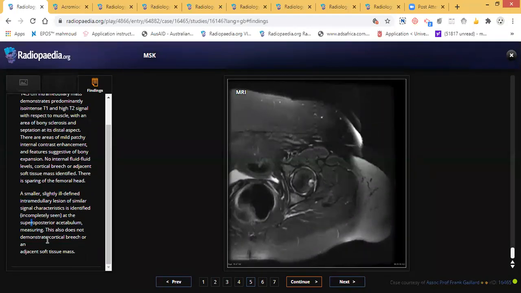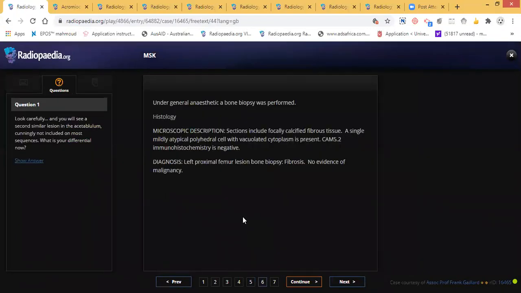Okay, so what could it be? This patient did a biopsy and they found this lesion is fibrosis, no evidence of malignancy. And he asks you to look carefully, and you will see a second similar lesion in the acetabulum.